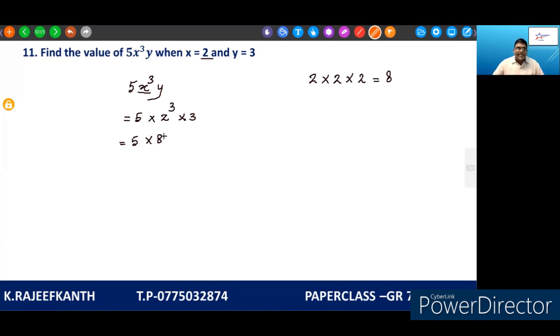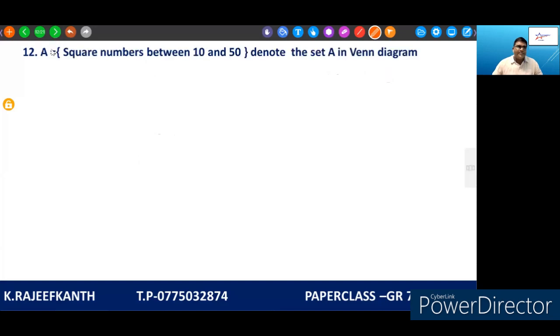Then 2 to the power 3 is equal to 8 into 3. Then 5 times 8, 40. 40 into 3, 120. Then the answer is 120. So by substituting the value for x and y, we can find the value of 5x cubed y.